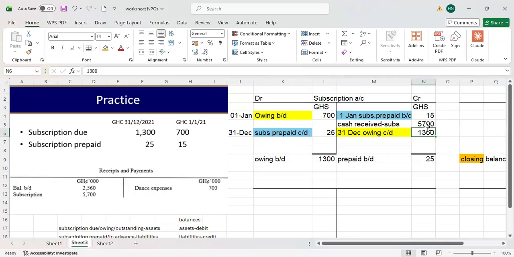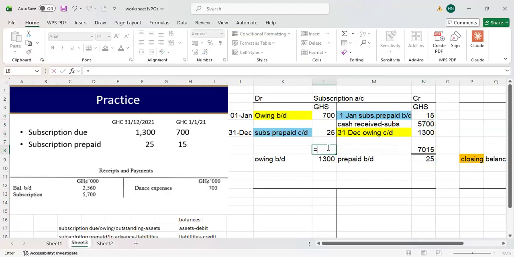So all of these details, we need them. But at the end of the day, because of the matching concept, we need to be able to find the subscription that relates to only 2021. And after you've done all of this in your subscription account, the difference is what would go into your income and expenditure account as your subscription for the year.